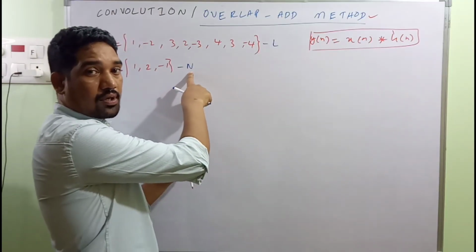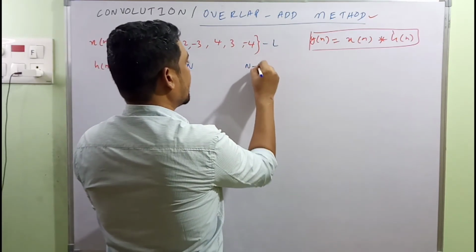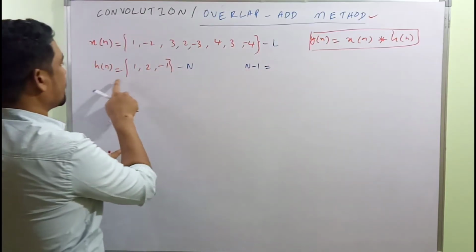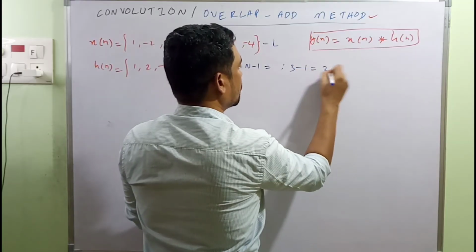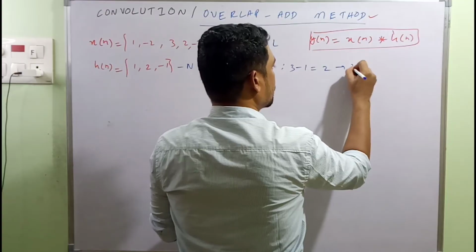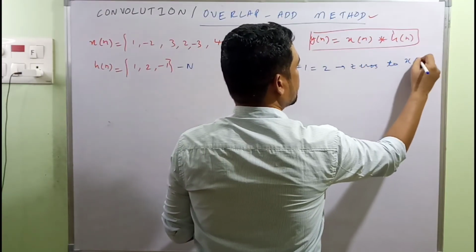What number of zeros are to be padded? It's N minus 1 zeros. Here, the length of the impulse response is 3, so 3 minus 1 is equal to 2. We need to pad 2 zeros to x of n.